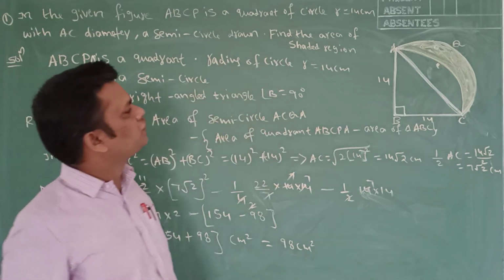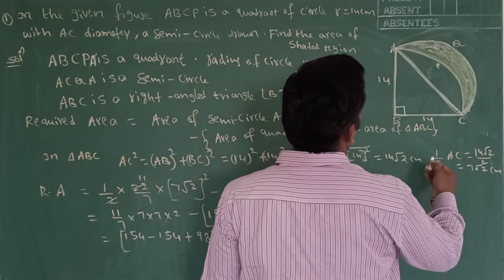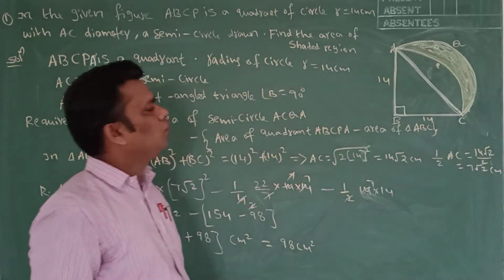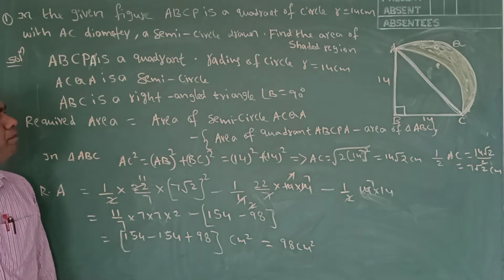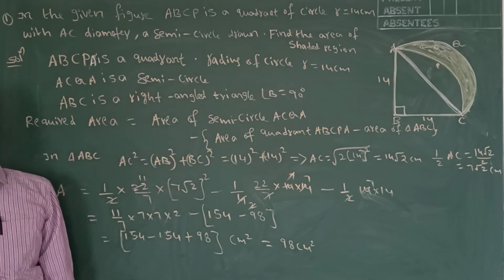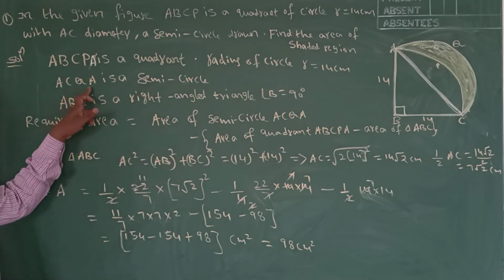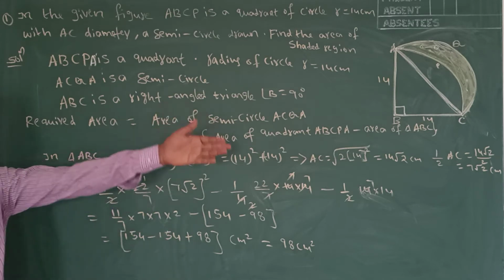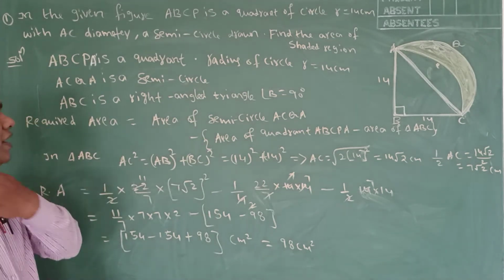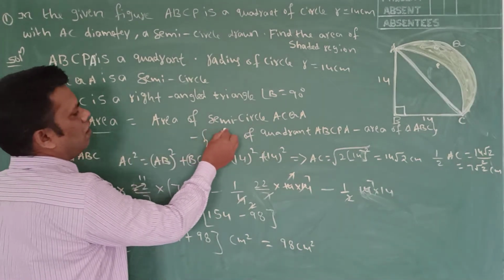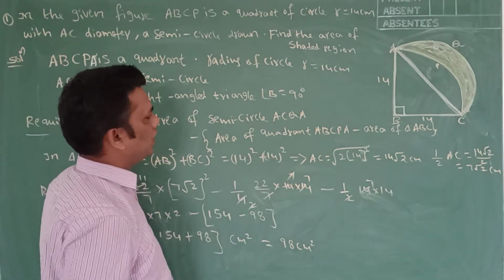The radius of the circle is 14 centimeters. The required area means the area of semicircle ACQA.